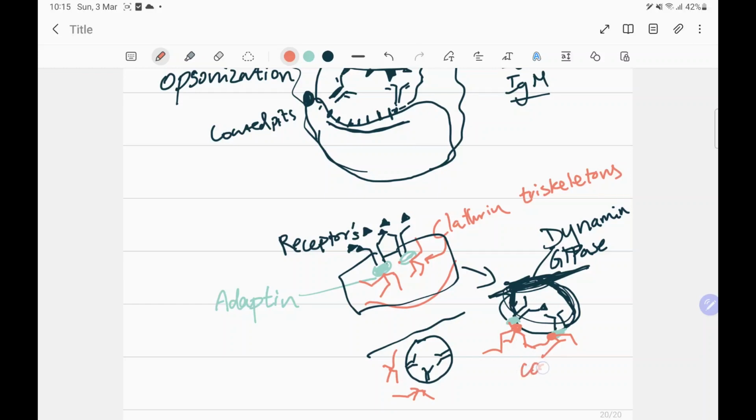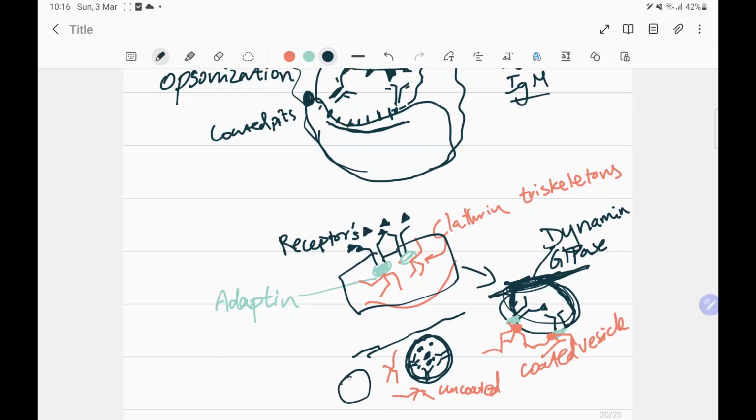So there was a vesicle coated by the clathrin, and now it is uncoated because the clathrin leaves. So this is how your endocytosis happens, and after the endocytosis happens, that microbe or antigen or anything, even something that has to be digested for that matter, has to be absorbed and destroyed and digested.